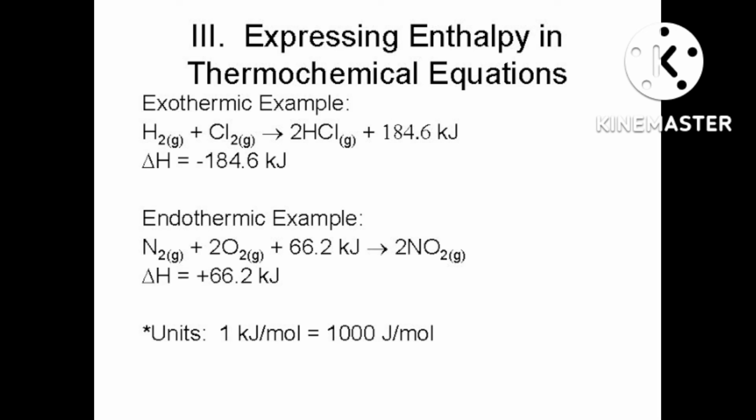Then how will you get the delta H value for this reaction? The same formula I discussed in the last class, the heat of formation or enthalpy change of the reaction: delta H is equal to the sum of the heat of formation of all products minus the sum of the heat of formation of all reactants. Put in the values and do the simplification.